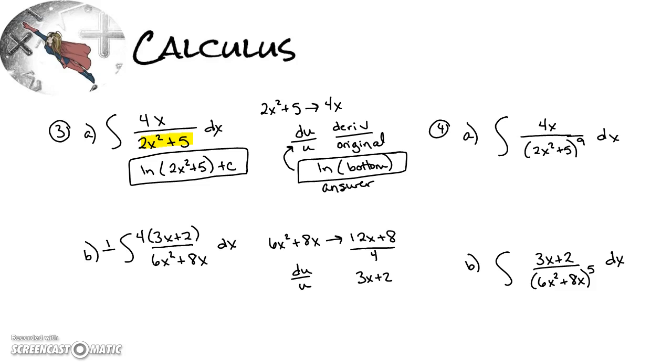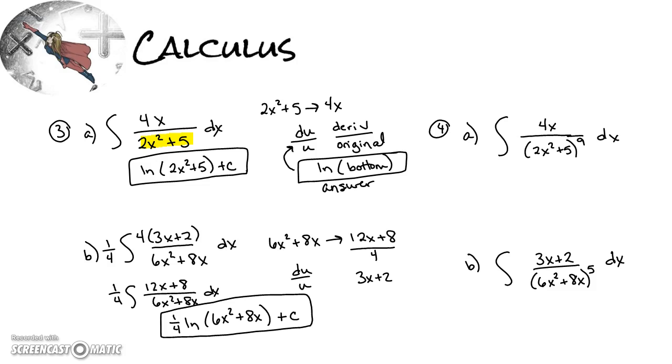And then I have to put the 1/4 on the outside. So let me just rewrite the integral. I have 12x plus 8 on top over 6x squared plus 8x. So I really do have du over u happening. So I know from before that the answer is the ln of the bottom. So it's the ln of 6x squared plus 8x. Put the 1/4 back in front of your answer and be sure to add c.